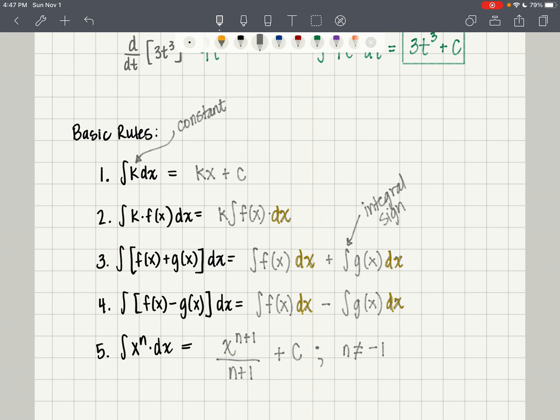For instance, number 1: put the integral of k dx on one side of your flashcard and kx plus c on the opposite side. It will help you tremendously to get to the next level and build on what we're doing, because you won't be struggling over the basic facts.